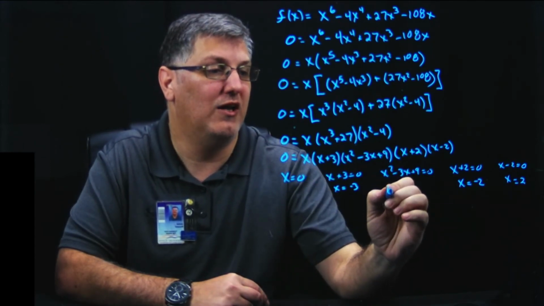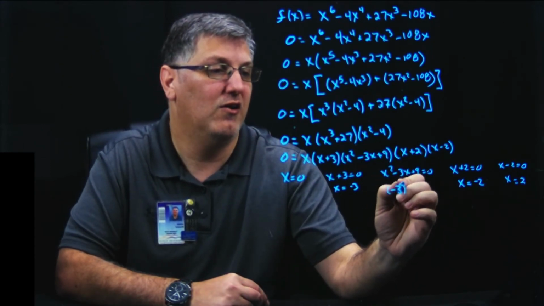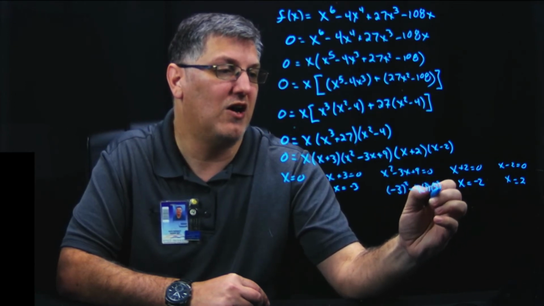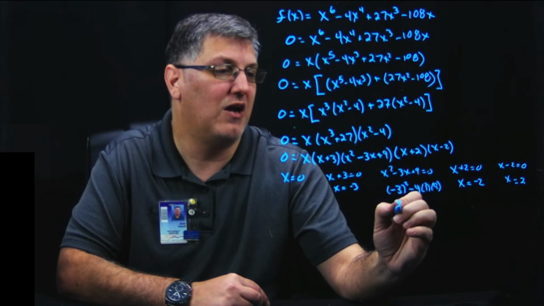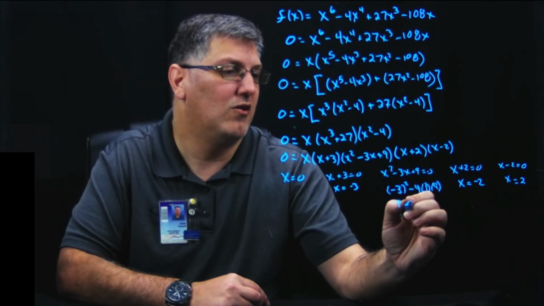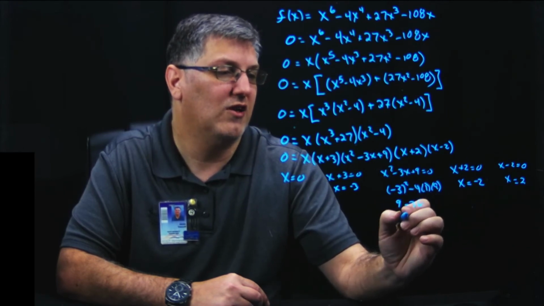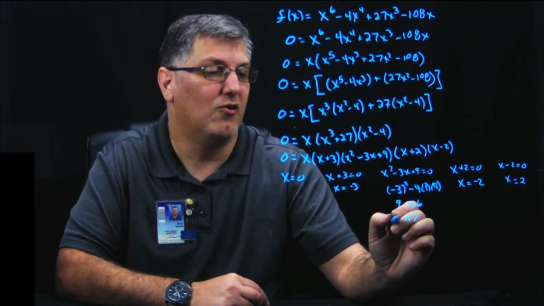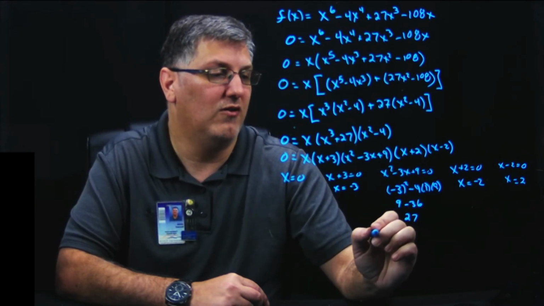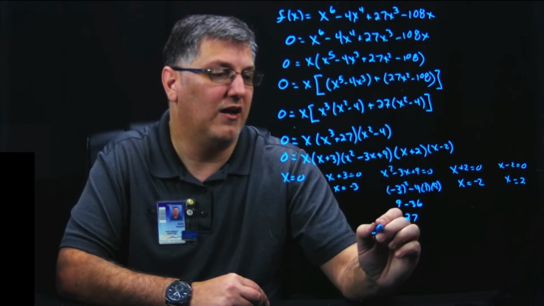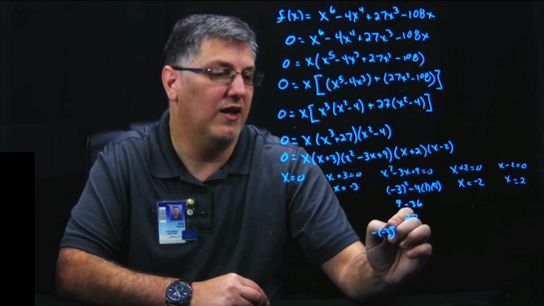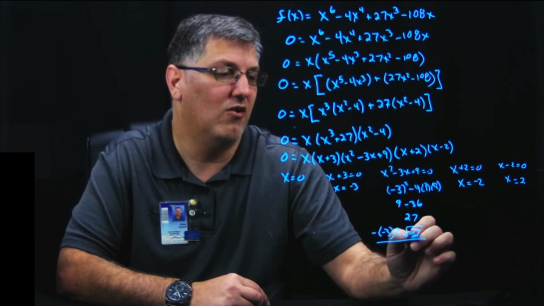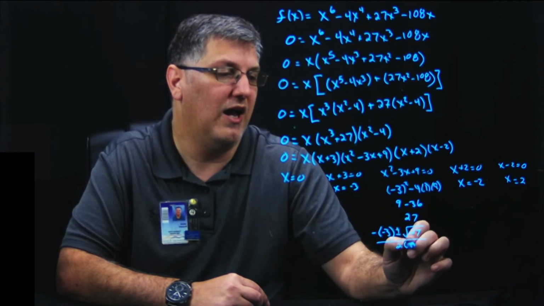So let's do my discriminant. I'm going to do negative 3 squared minus 4 times 1 times 9. This gives me 9 minus 36, which gives me negative 27. All right, so I want to plug it into the quadratic formula, which is going to be negative b, negative negative 3, plus or minus the square root of negative 27 over 2 times my a.